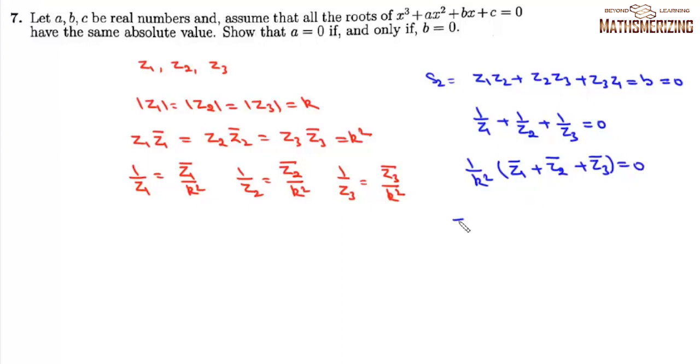Now we take its conjugate, we can write Z1 plus Z2 plus Z3 is 0. Now this is nothing but the sum of roots, which is minus A. So from here we can say the value of A must also be 0. Now if we start from A equals 0, we can prove that B is 0.